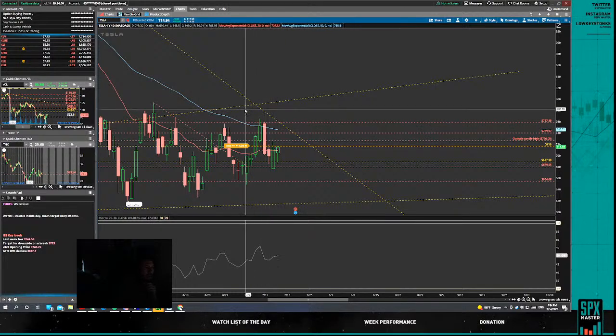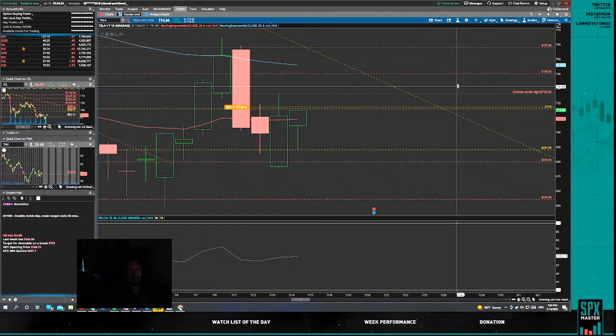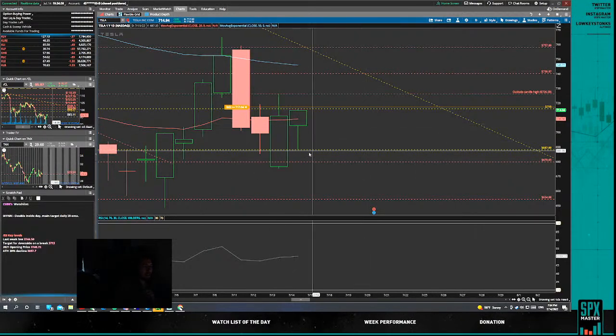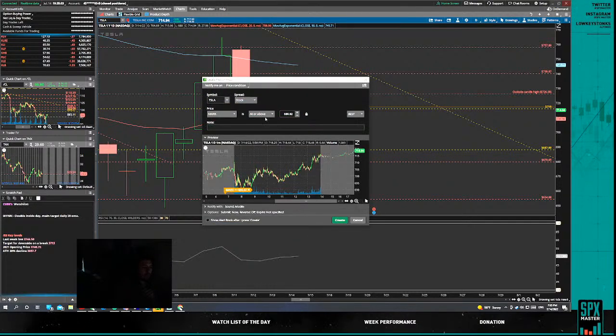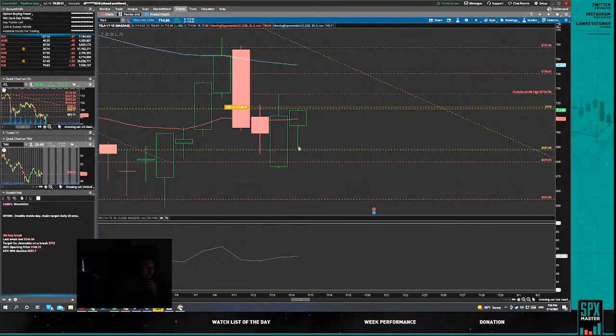Now, if it does go above the last candle high, I will take a look at the 740 level, 740, and then the daily 20. And then we're gonna do a little alert right here, at or below ask, breakdown right here.